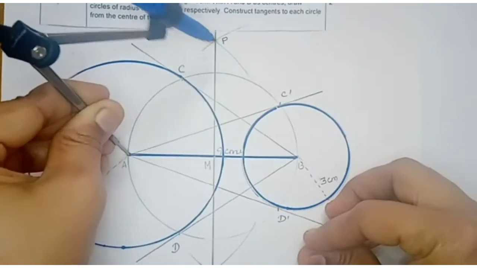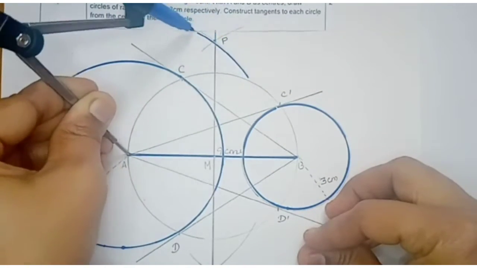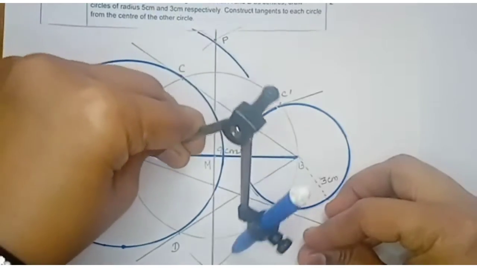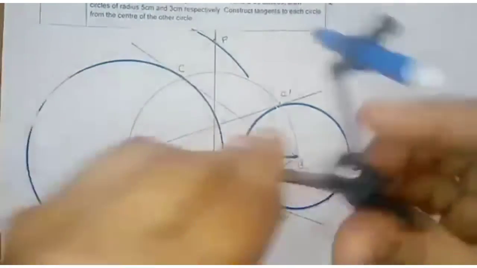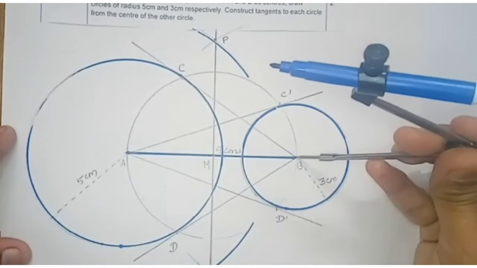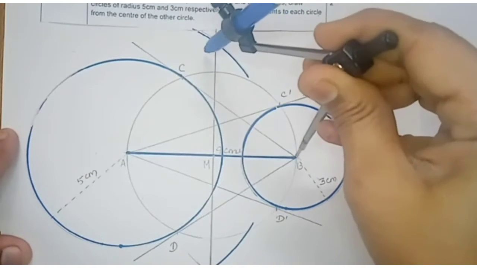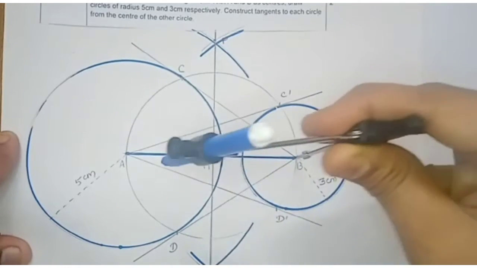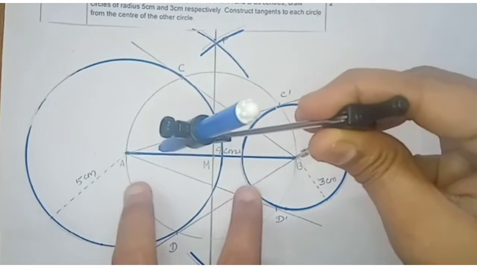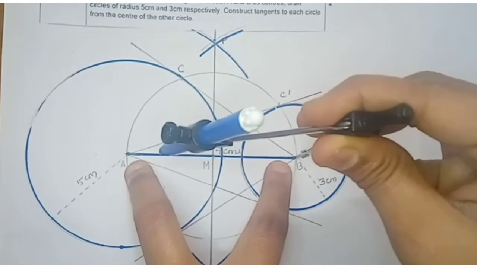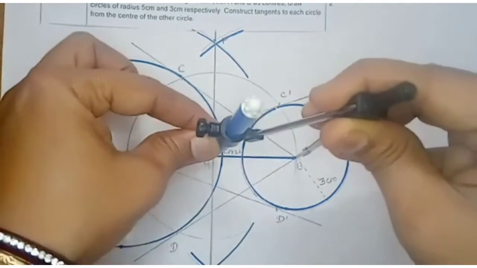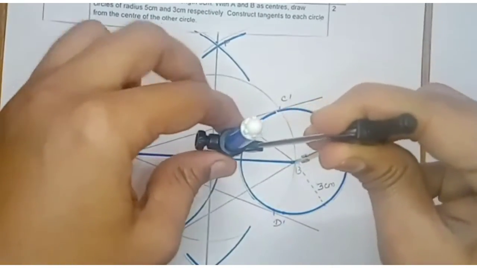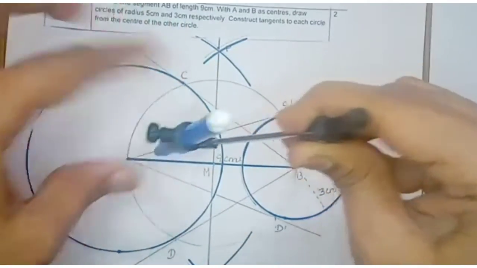Then draw an arc here and here, and from B you draw the arc. So this is what we are doing: more than half of the length of 9 centimeter. This is half of the length, and more than the half of the length we are taking.